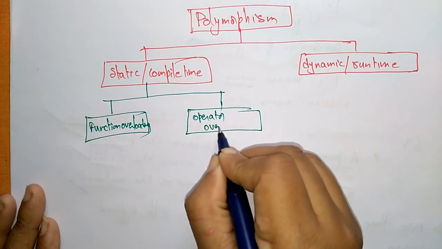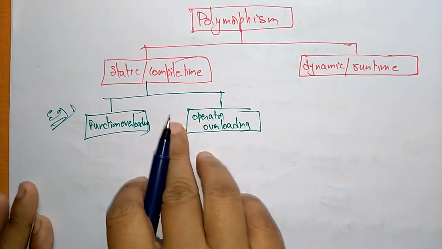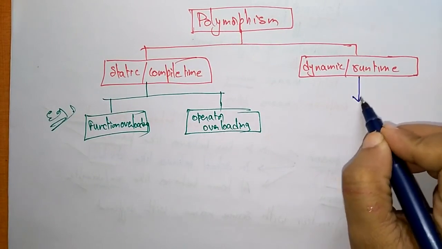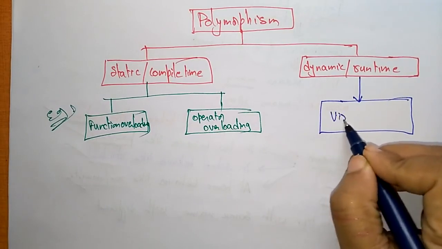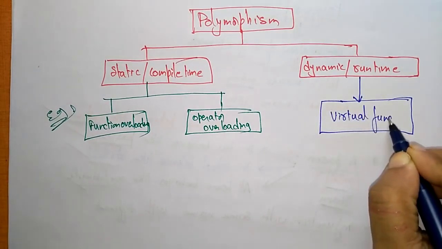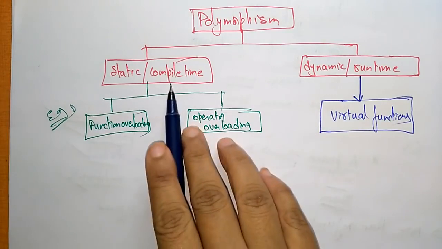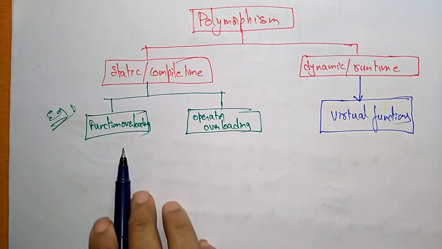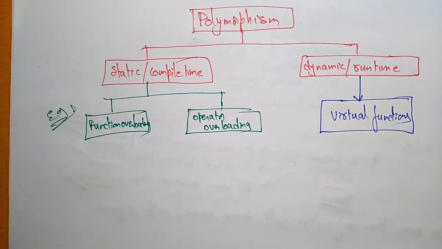Whereas for dynamic or runtime polymorphism, the example is virtual functions. So these are the different types of polymorphism, static and dynamic. Examples of static polymorphism are function overloading and operator overloading, whereas dynamic is for virtual functions.